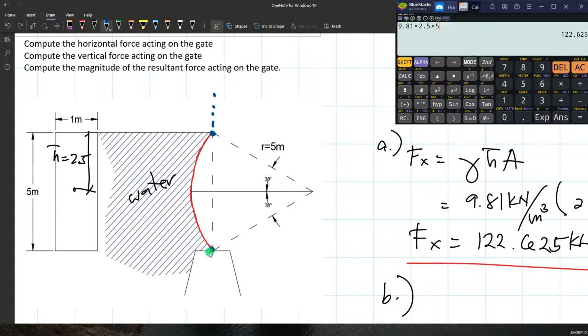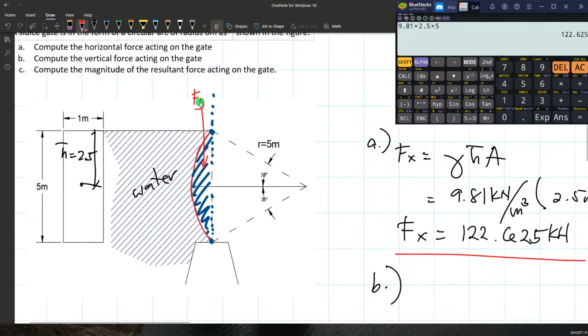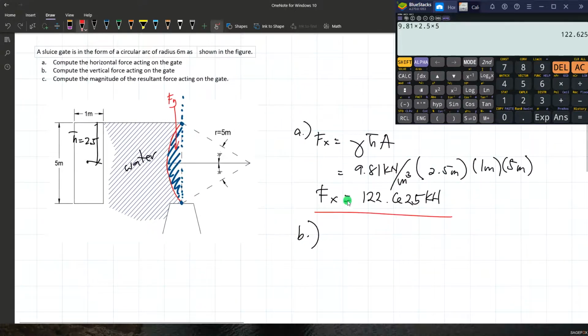But here at the bottom portion of this sluice gate, extending that upward, the area or the volume covered by the sluice gate and this line here is your volume required to determine the Fy or the vertical force.